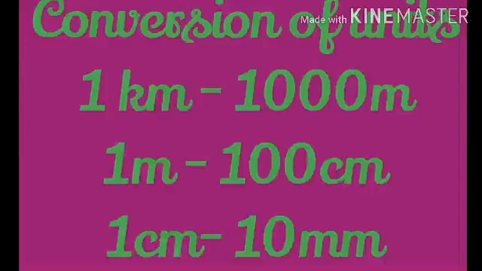If you count, there are 9 lines. The distance between two smaller markings is a millimeter. It is written as mm. So 1 centimeter equals 10 millimeters. 1 meter equals 100 centimeters. 1 kilometer equals 1000 meters.